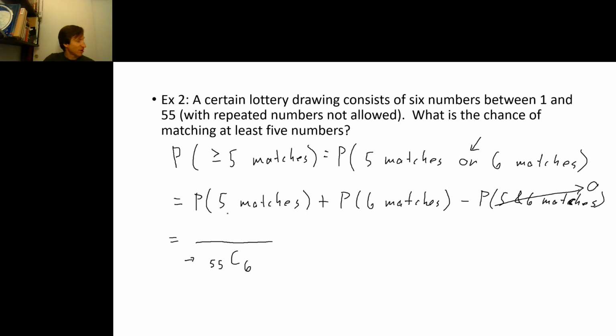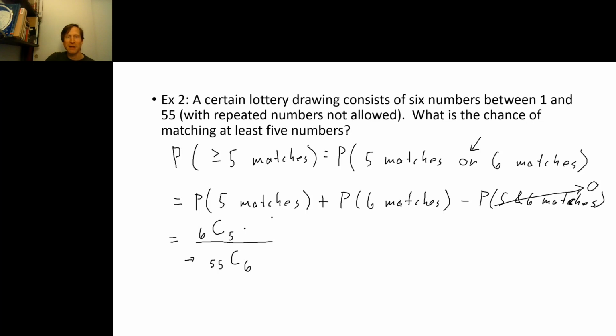And how many ways are there to get exactly 5 correct? Well, first, to get exactly 5 numbers correct, first you have to decide which numbers are the numbers that you're matching. There are 6 numbers you could match, but we only want to match 5 of them. So we need to know, out of the 6 possible numbers to match, how many ways are there to choose 5 of them? And that's 6 choose 5.